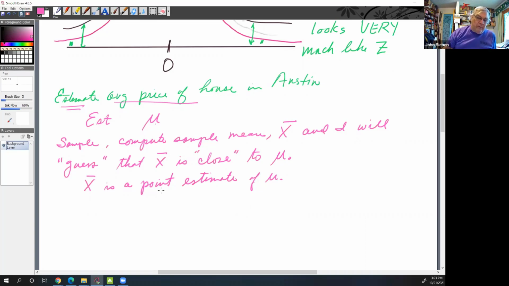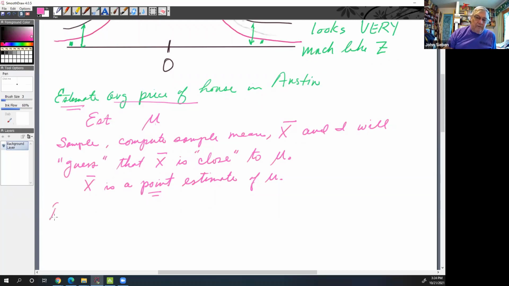But the problem with a point estimate, and we've noticed the same problems when we were talking about proportion, is that close is undefined. We think that X bar is close to mu, but we don't know how close. We're not putting a bet on that. And we don't know what our confidence is in X bar being close to mu. So I'd like to fix those two things.